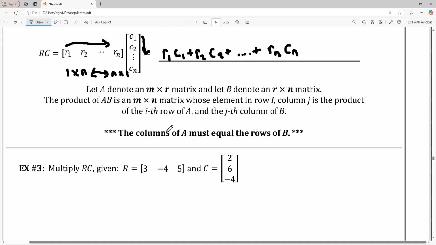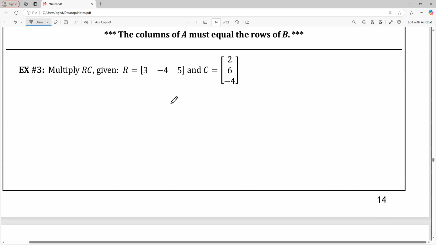Let's take a look at it in practice. Let's say I have R equals the matrix 3, negative 4, 5, and I'm multiplying that by the matrix 2, 6, negative 4. The very first thing I do is write the size of these matrices underneath them.